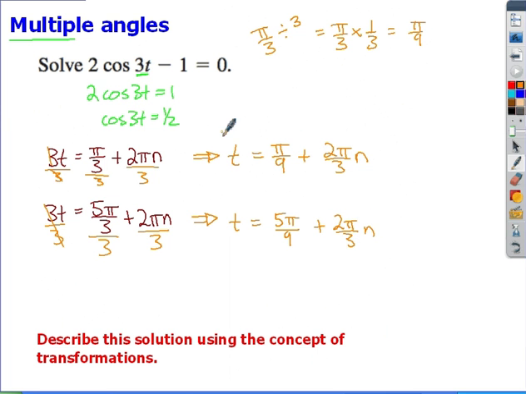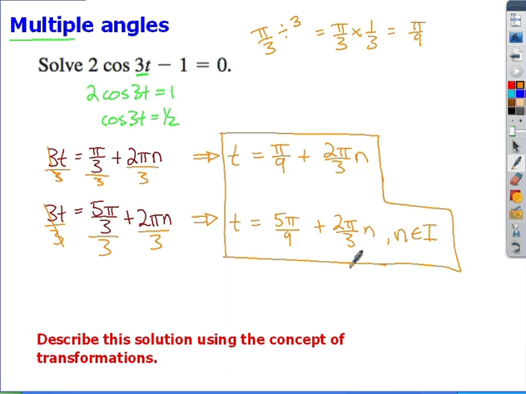And this, friends, is the answer. Oh, I almost forgot to tell people what that n is. n is an element of the integers. Okay, there we go.